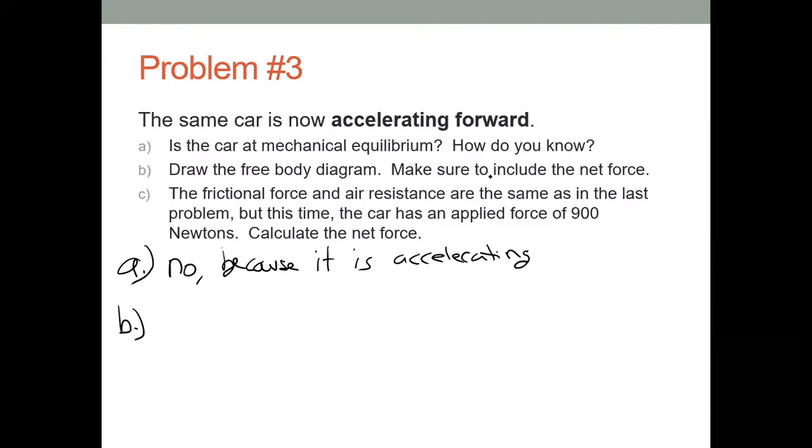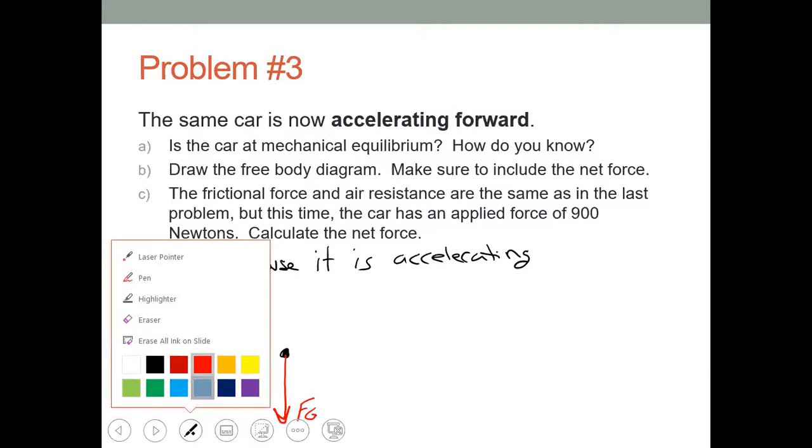B says draw the free body diagram. Make sure to include the net force. It's the same car. So the free body diagram is going to look very similar with one difference. In order to accelerate, what has to be different than the previous one? How do I make it not in mechanical equilibrium anymore?